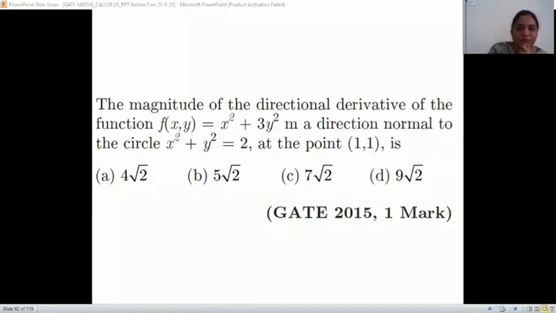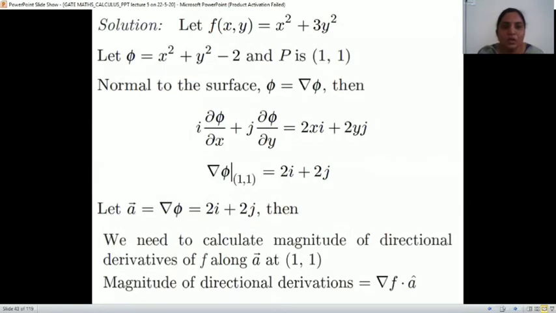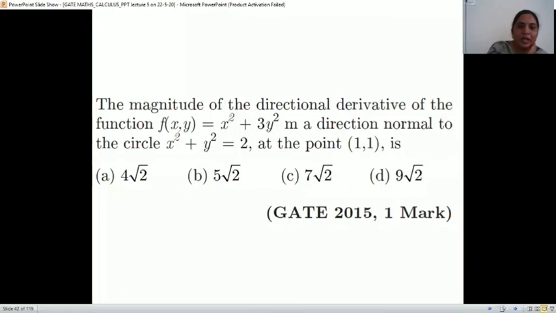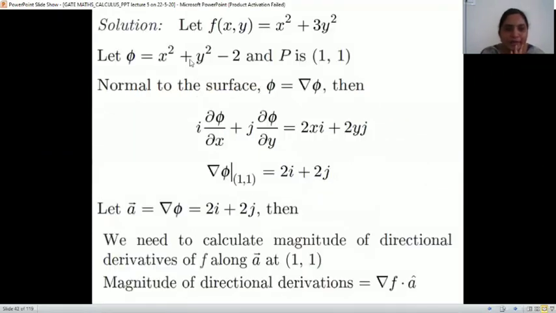So the function is x square plus 3y square, and we are given a circle. In the direction, if you have to find something, we call it a phi function. So let phi be x square plus y square minus 2, and point P is (1, 1). And the normal to the surface phi, we know, is always del phi. So we have to find del phi here.